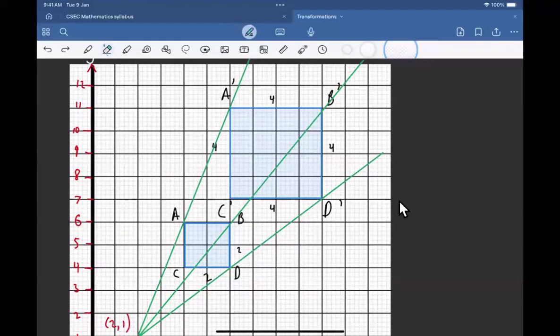The image is the shape after, which is the enlargement, the bigger one. So the bigger shape is the image. The reason I could figure that out is the symbol: anytime you see this little prime mark, that means it's the image. So A prime, B prime, C prime, D prime, that's the image.